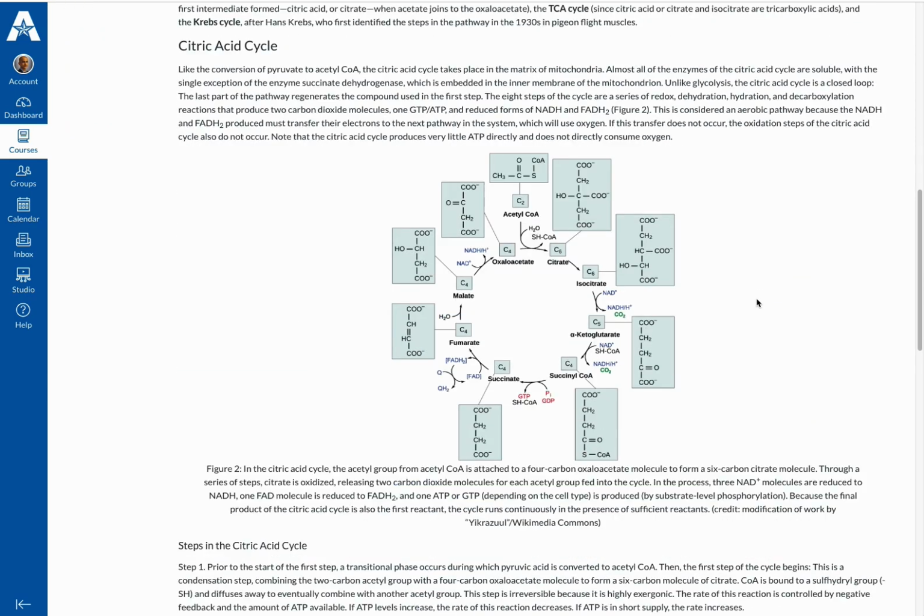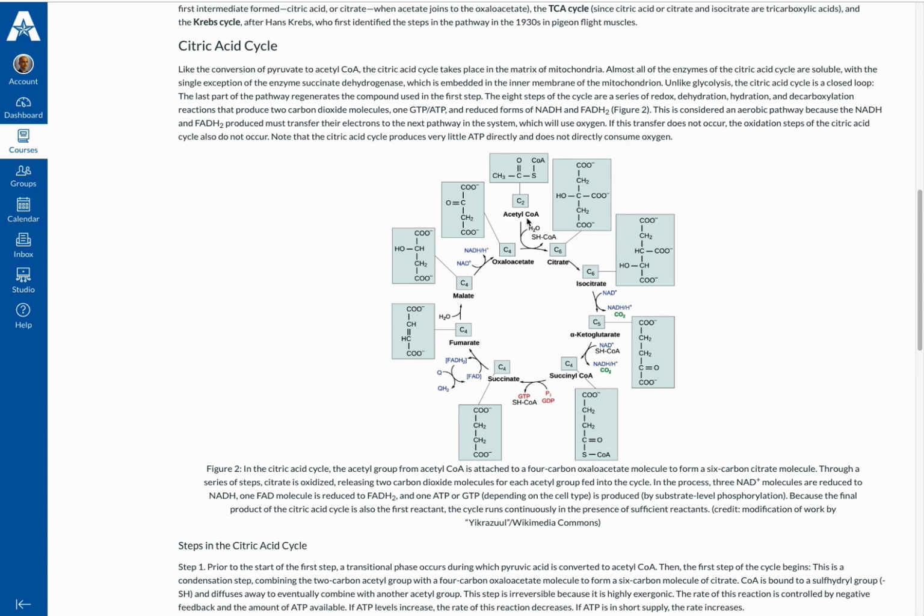And those 2 acetyl-CoAs go into the citric acid cycle. Those 2 acetyl-CoAs get combined with oxaloacetate to form citrate. And then through a series of redox reactions, we generate 1, 2, 3 more NADHs, 1 more ATP/GTP, and 1 FADH2.